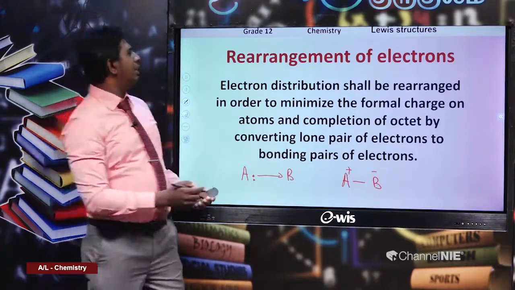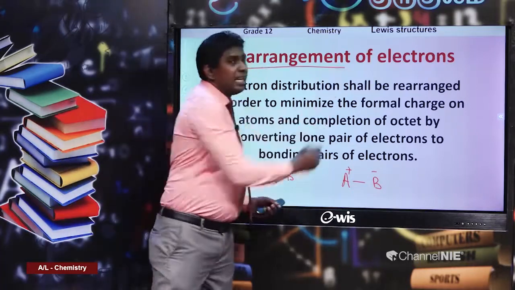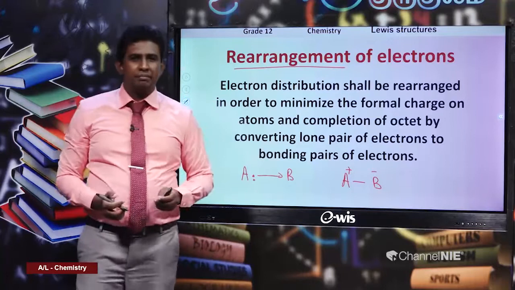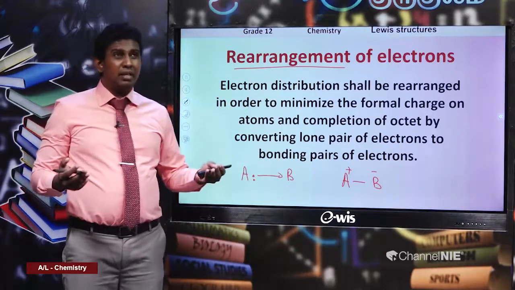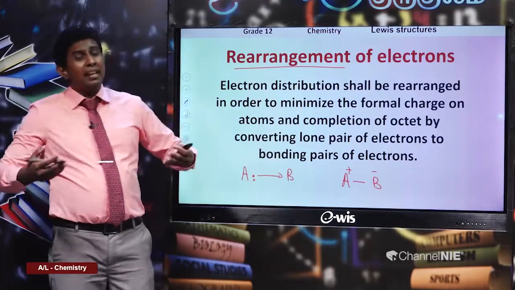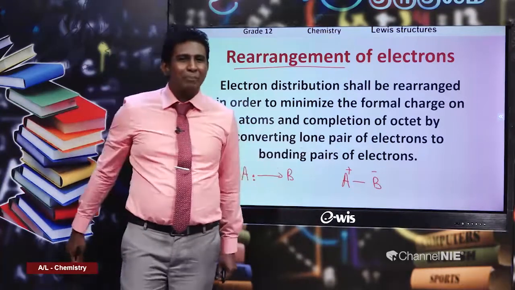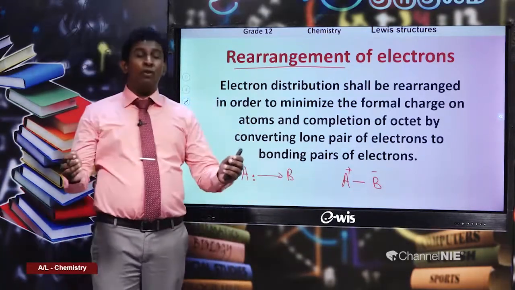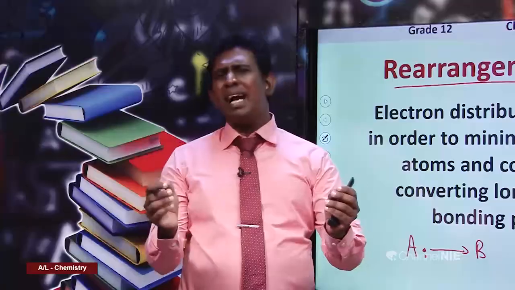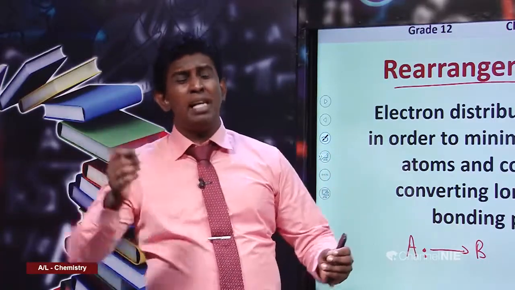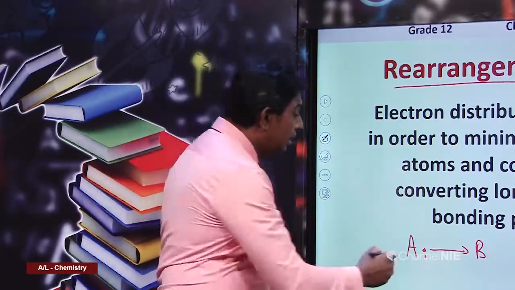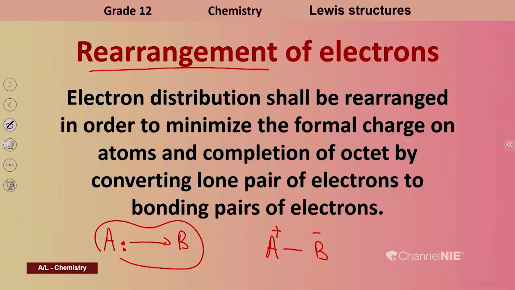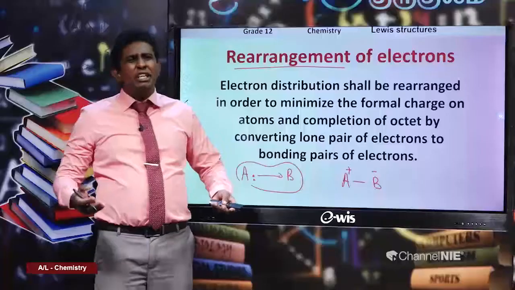We call that rearranging of those electrons, and therefore the charges. Okay, our next effort is minimizing the formal charge. In that we could take the support of dative bonds.